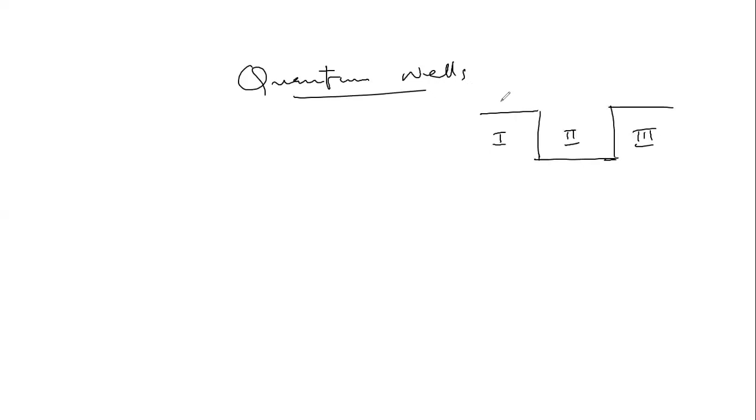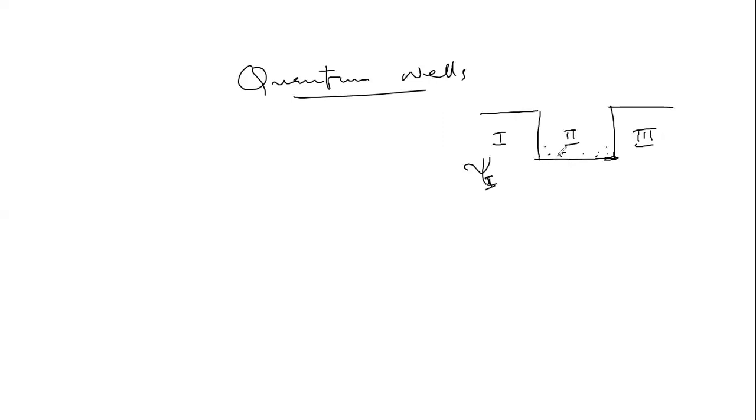So when we consider the state function of this particle moving in this dimension, then it gets into this confinement. So we are able to confine some of these particles in this region.